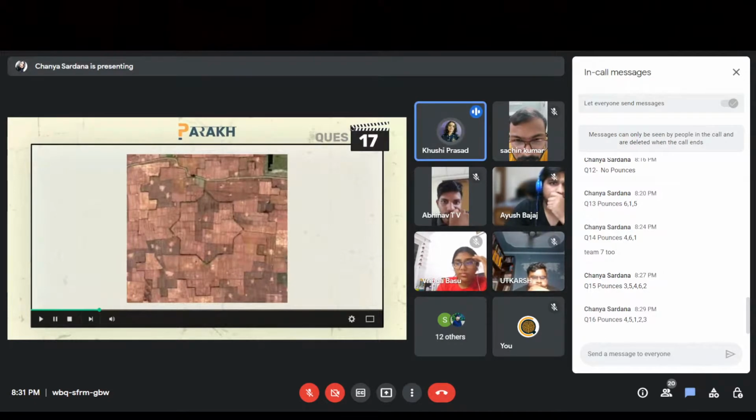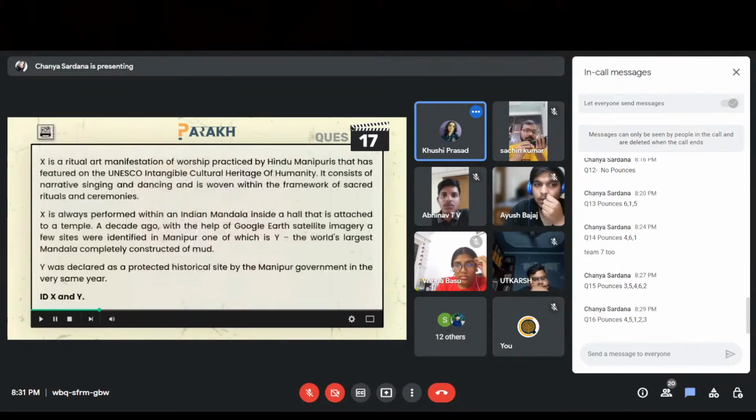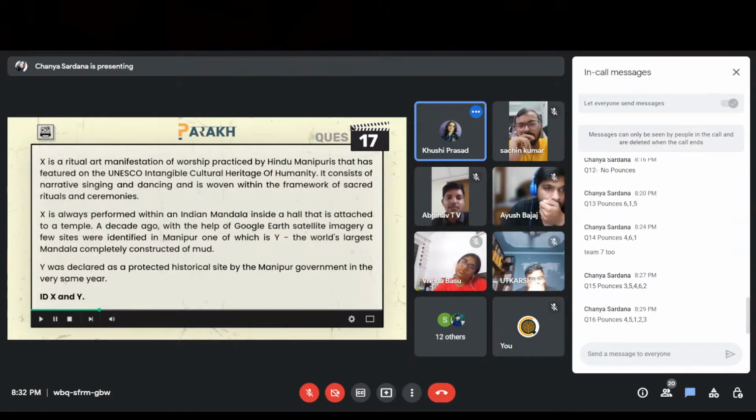Team 4 has pounced. Okay, so the pounce window is closed now.